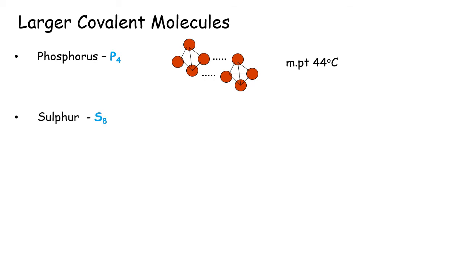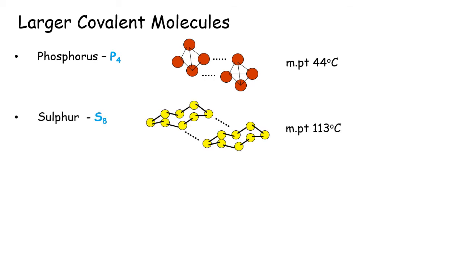Sulfur exists as a sulfur 8 molecule. It's sometimes described as a crown shape, which I don't know why, it doesn't really look like a crown, but S8. And you can see its melting point is larger than that of phosphorus. The bigger the molecule, the bigger the melting point for these molecules, because of larger London dispersion forces.